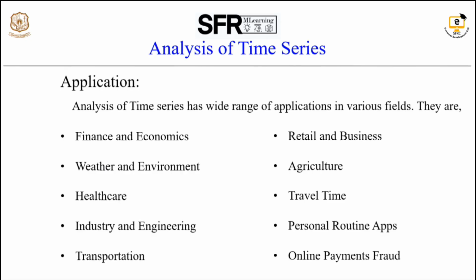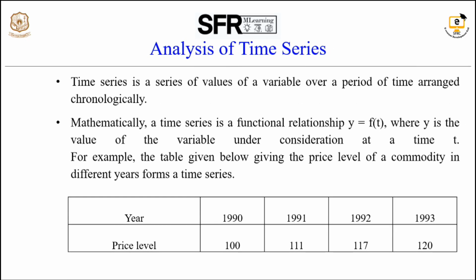Next, let us see how we can define a time series mathematically. In general, we say that a time series is a series of values of a variable over a period of time arranged in chronological order, in proper order. This is the English statement of time series; how can we convert it into mathematical form?